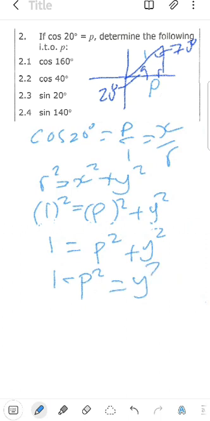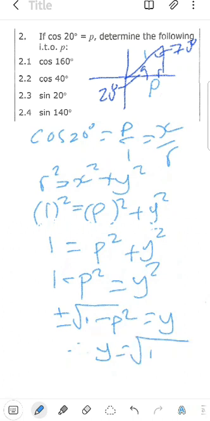Now, to remove the square, we take the square root, so we're going to have plus or minus the square root of 1 minus P squared equals y. Therefore, because it is in the first quadrant, we take the positive value, because y in the first quadrant is positive, so y is the square root of 1 minus P squared.